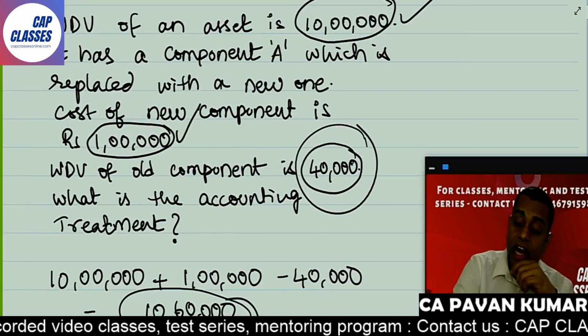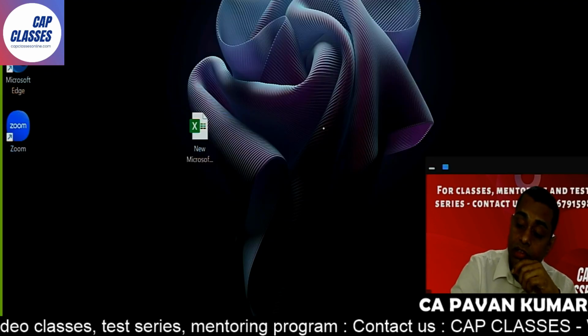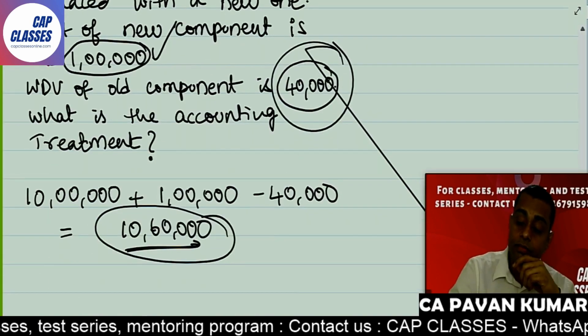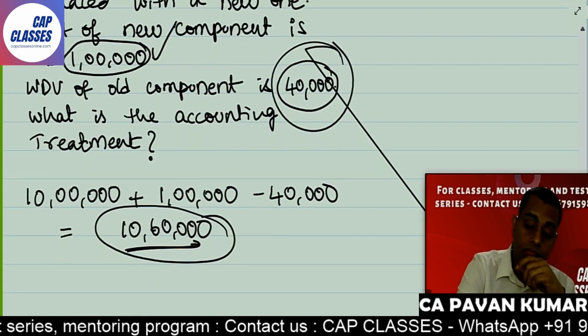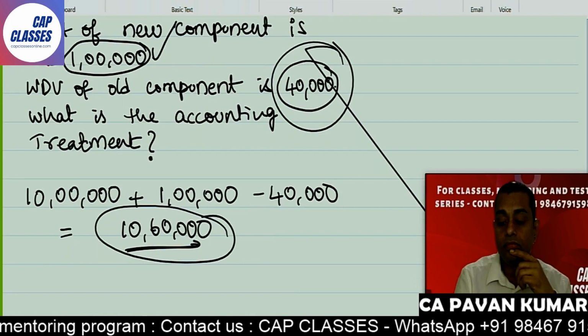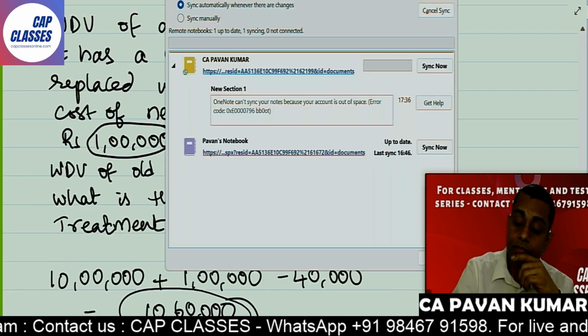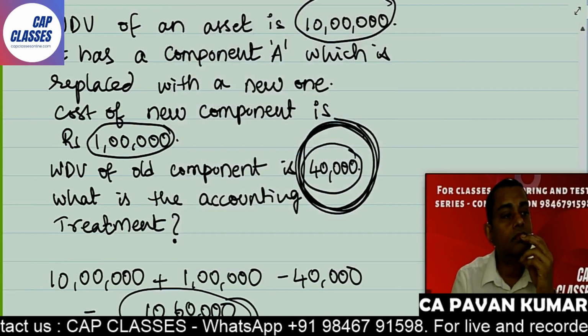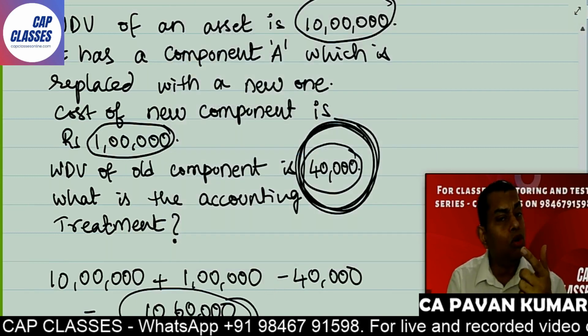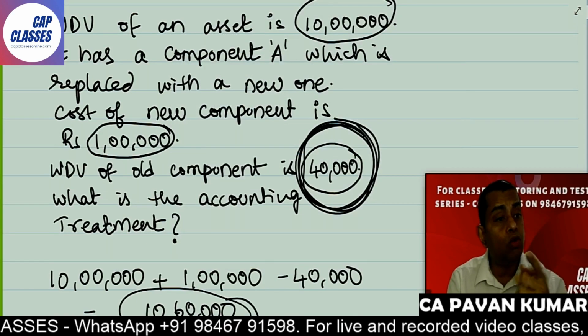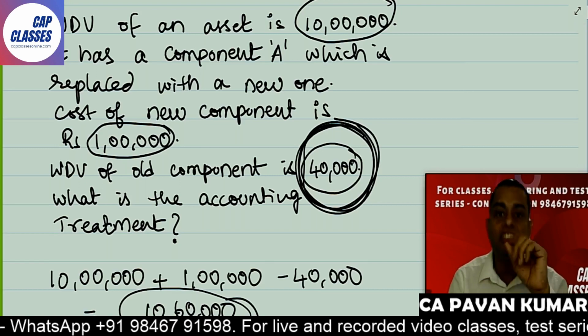But where is the challenge? The challenge comes here. How do I know what is the written down value of my old component which is replaced now? That is the question.